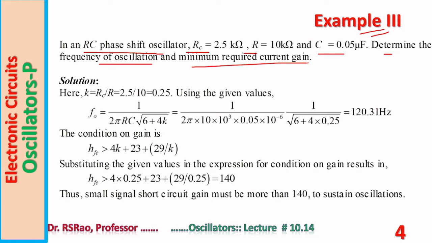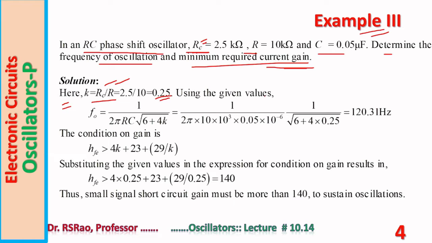Here, the phase shift oscillator uses a BJT. Presence of RC indicates that it is a BJT oscillator. Solution. Here, K is RC by R. RC is given, R is given, so it turns out to be 0.25.